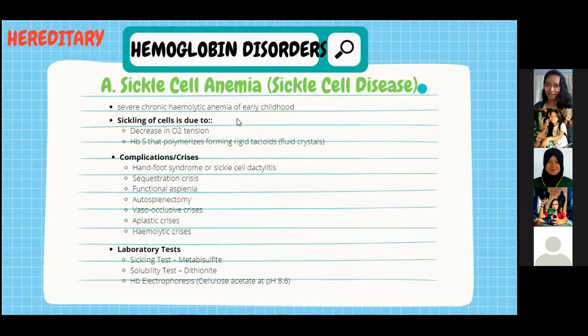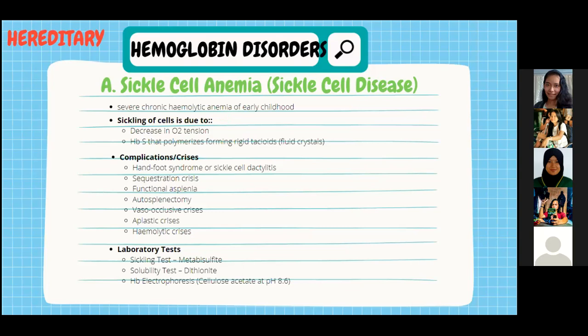It is a severe chronic hemolytic anemia of early childhood. So when we say sickle cell anemia, it is an inherited red blood cell disorder in which there aren't enough healthy red blood cells to carry oxygen throughout your body.